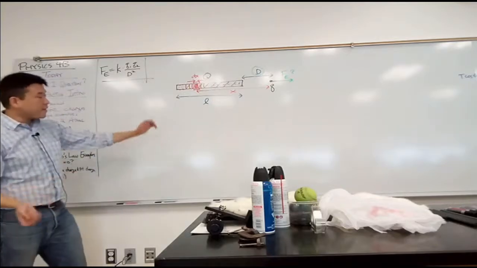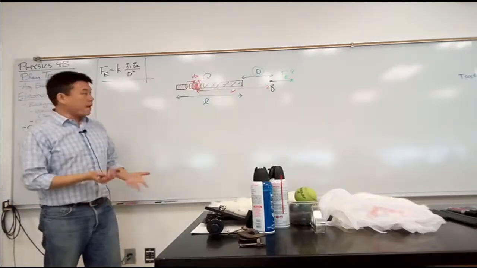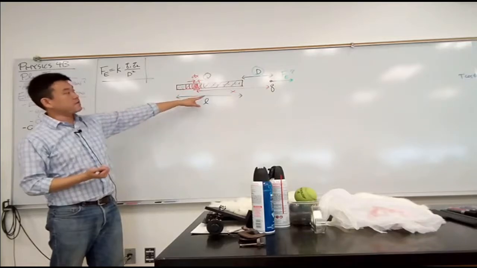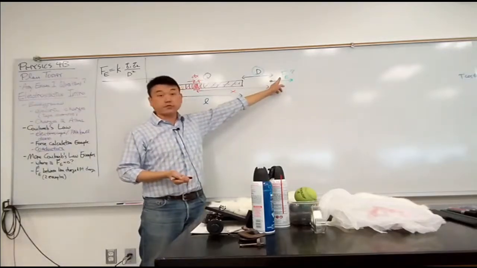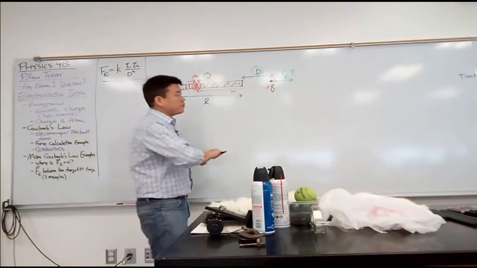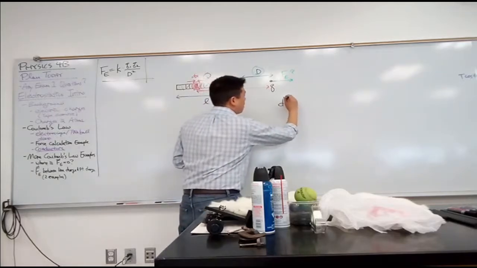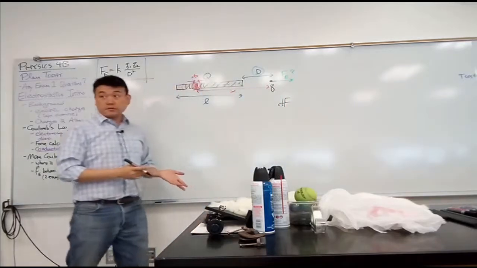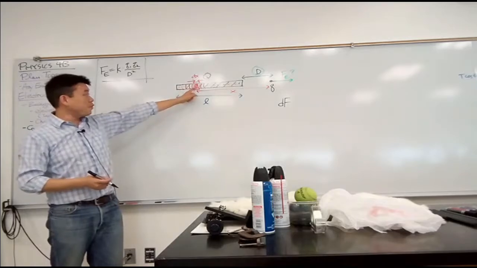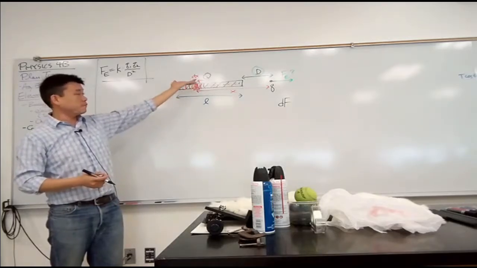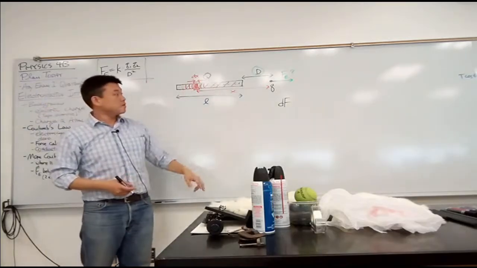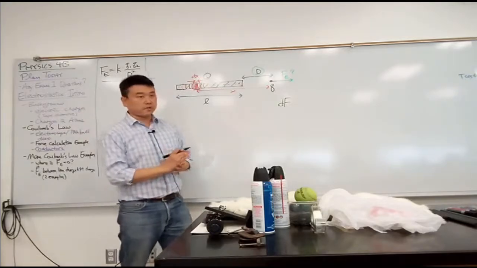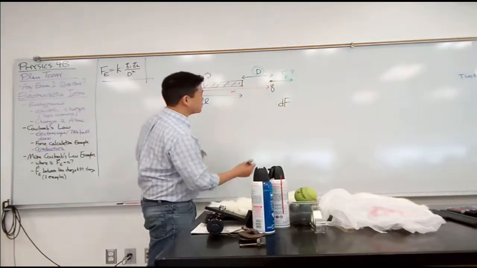So let me write down an expression for that. What I'm saying with the small section is that I don't know how to get the whole electric force, but I'm going to be able to get a small contribution to the electric force that's coming from this small section of the rod. So I can say that small contribution to the electric force still follows Coulomb's law.